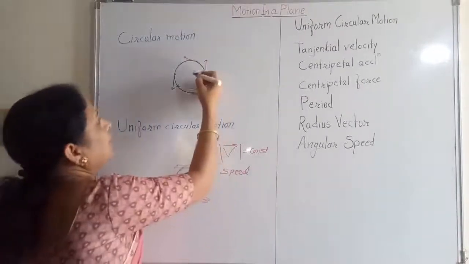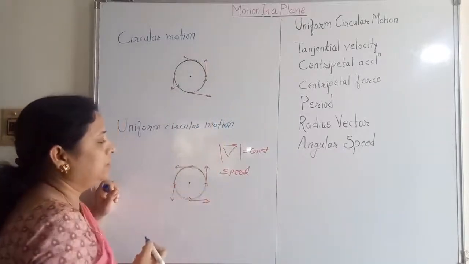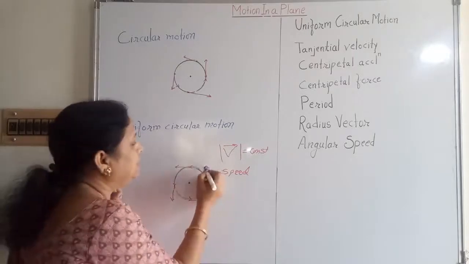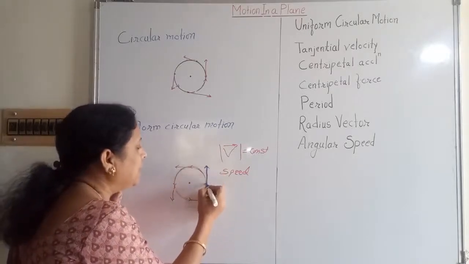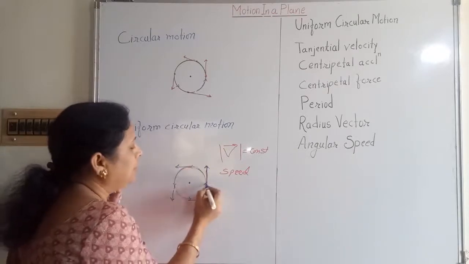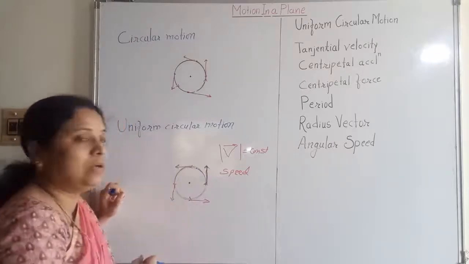Then we discuss the centripetal acceleration. See here, this is the center of the object, or here this is the center of the object. Though the magnitude of velocity is constant, the direction changes. Direction is along the tangent, and so it is called the tangential velocity, and the speed is constant because the magnitude is constant.